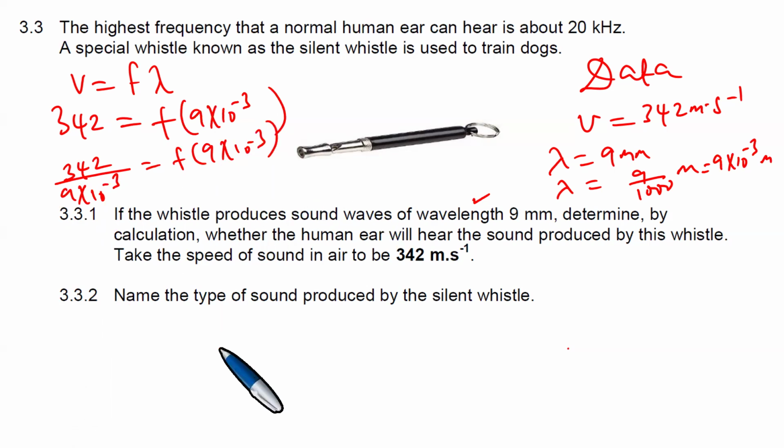You can leave the units out of it. We divide both left and right by 9 times 10 to the minus 3.